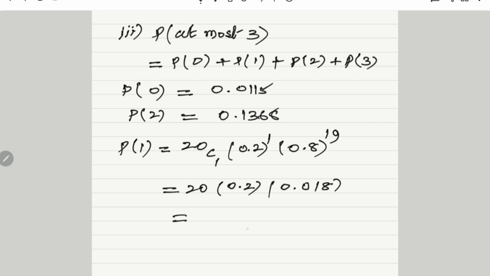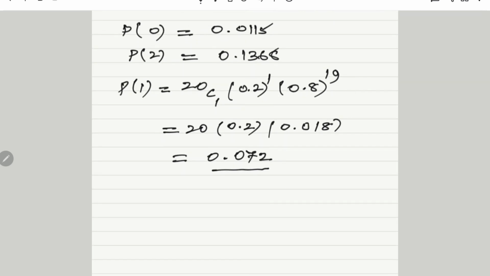Taking a multiplication of these three terms, 20 multiplied by 0.2 multiplied by 0.018, that product is 0.072. This is P of 1.